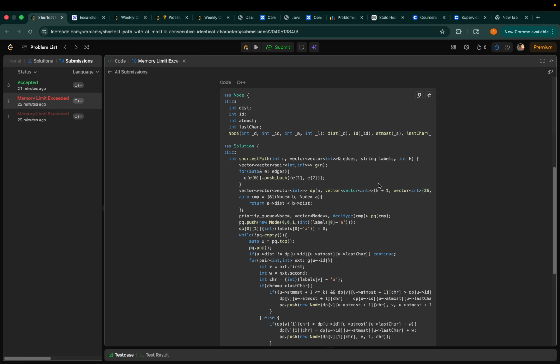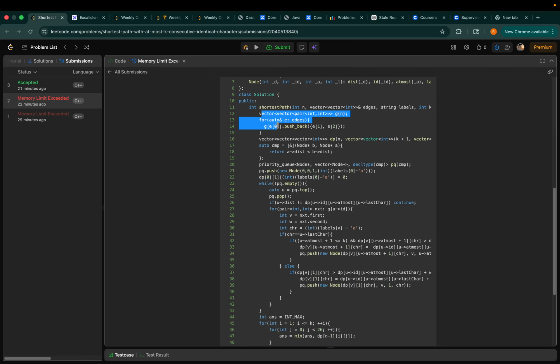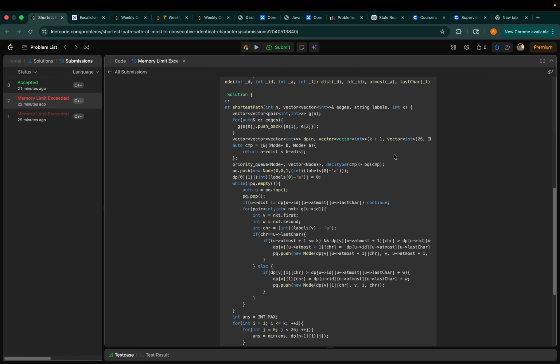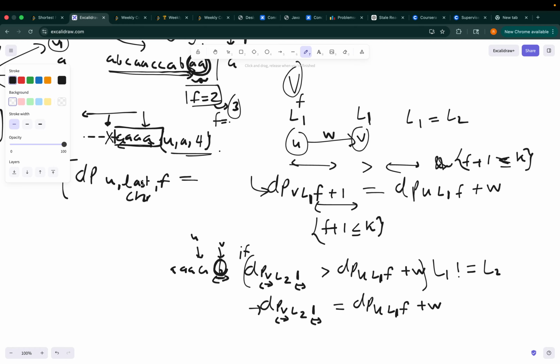Then I created a graph, and wrote the DP as a 3D DP, so n, k plus 1, and 26, where k plus 1 is basically the at most state that we saw, and 26 is the character. So last char can be up to 26, frequency can be up to k, and this can be up to n, so it's n k into 26 of memory.